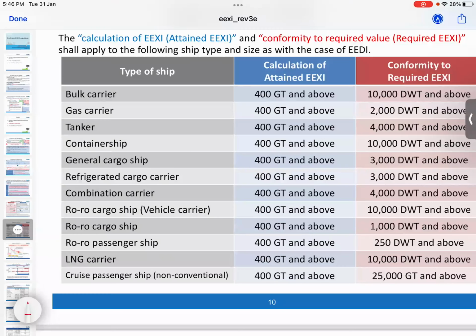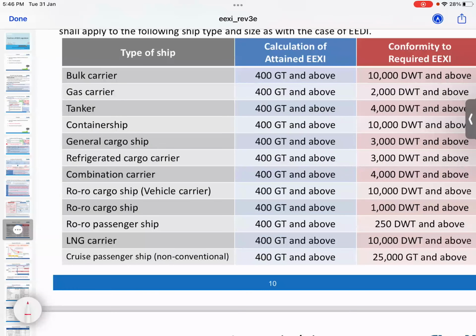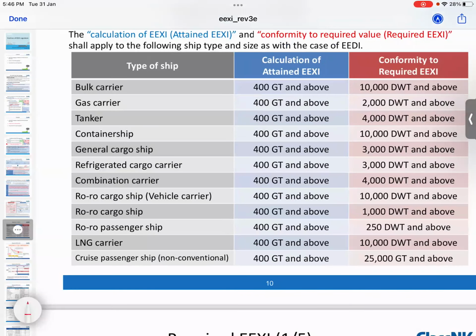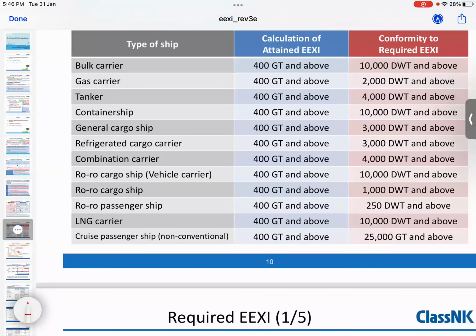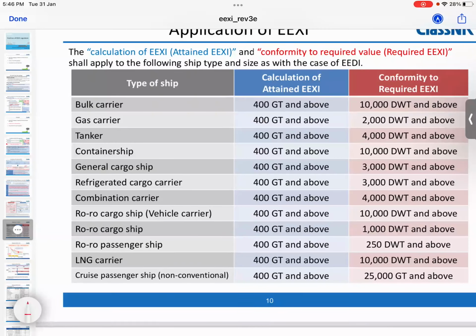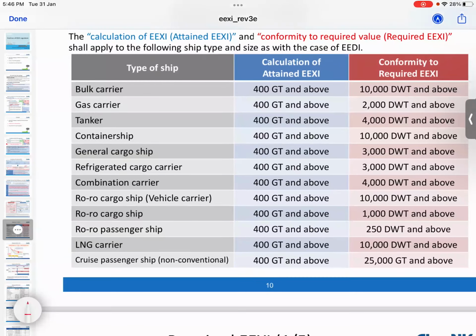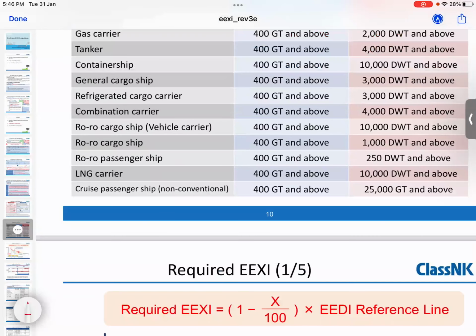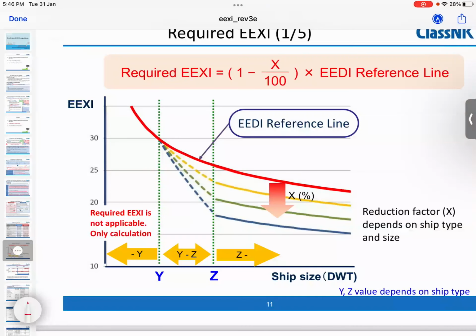So this is the application of EEDI, and this is for EEXI. This is a reference line, and these are your reduction factors: X into EEDI reference line. Remember this formula. Please don't say EEXI reference line here.